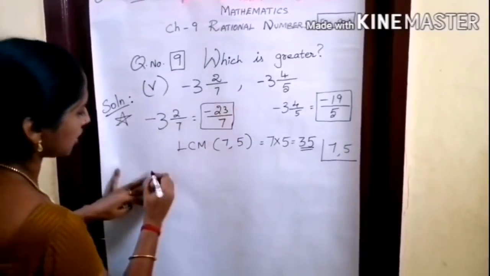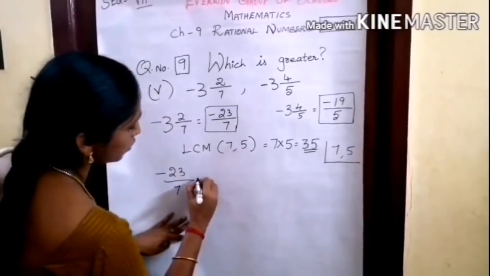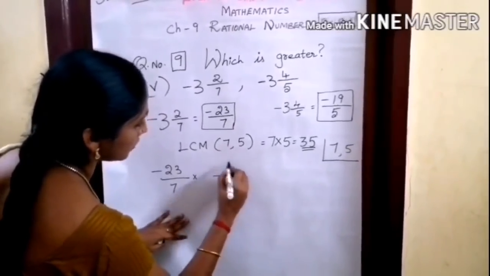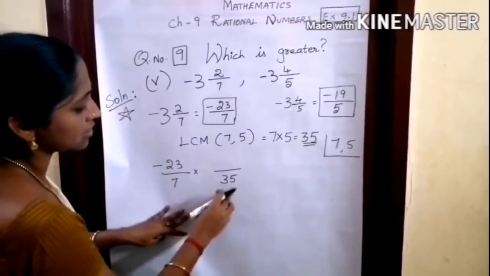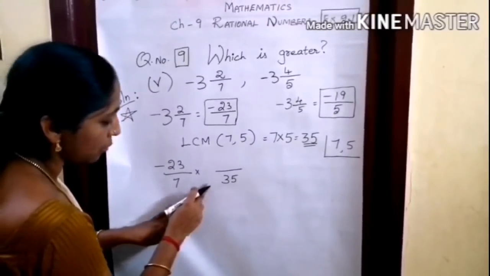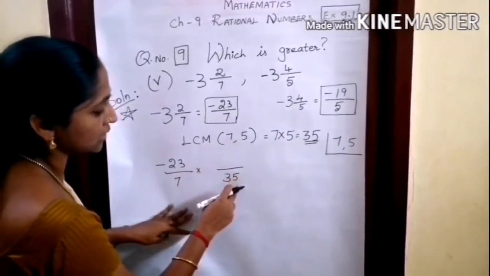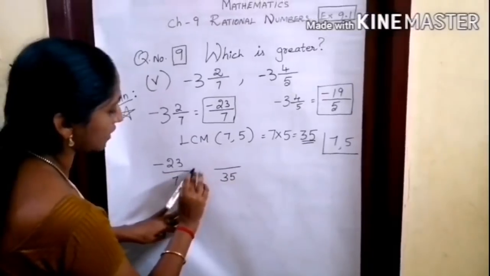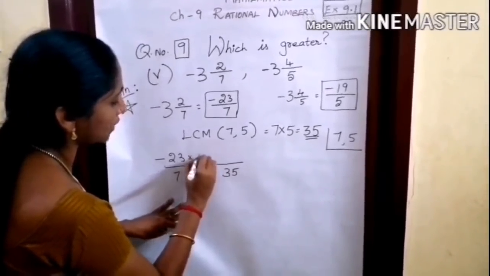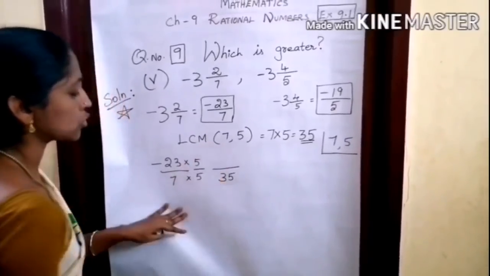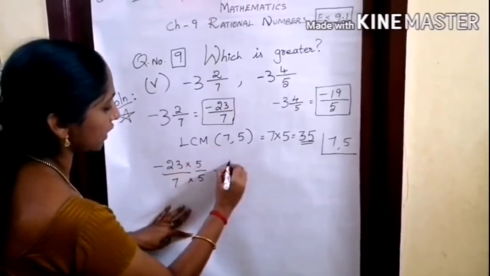Now take the fraction minus 23 by 7. So convert the denominator 7 into 35. Which number, if you multiply with 7, will give 35? 7 5s are 35. So you multiply the same number in the numerator also. 5 3s are 15.